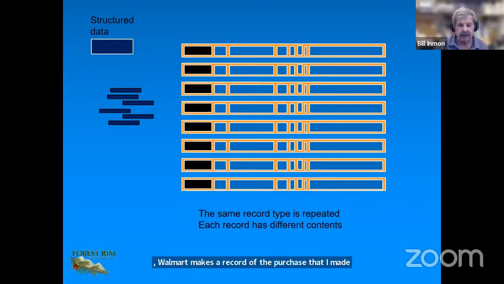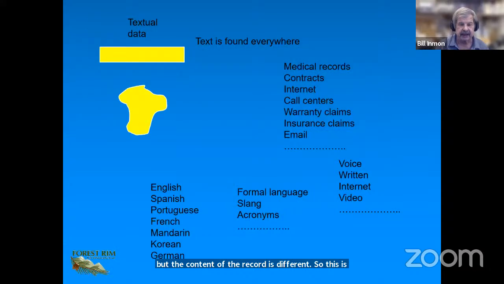And then you go into Walmart tomorrow and make another purchase, and Walmart makes a record of that. Now, the structure of the records is exactly the same, but the content of the record is different. So this is what we're talking about when we talk about structured data.